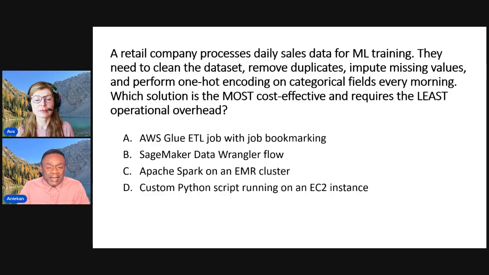So right off the bat, we see the qualifiers. In the question stem, we see most cost effective. We see least operational overhead. So keep an eye out for a serverless managed service, right? That maps to the least operational overhead, and also one that only runs when needed.